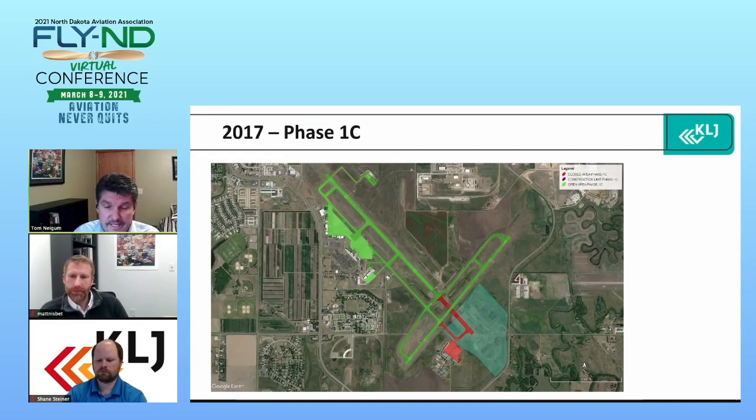And then phases 1D, E, and F, I don't have sketches for those, but really what those were is to allow the runways to be open, and there was grooving of both runway 13/31 and runway 3/21 at night, and then there was painting that could be done during the day in between flights with prior permissions required. So very challenging to do, to complete, but a very successful project.